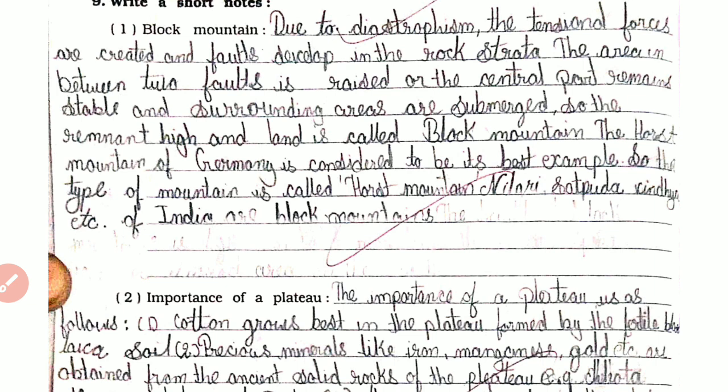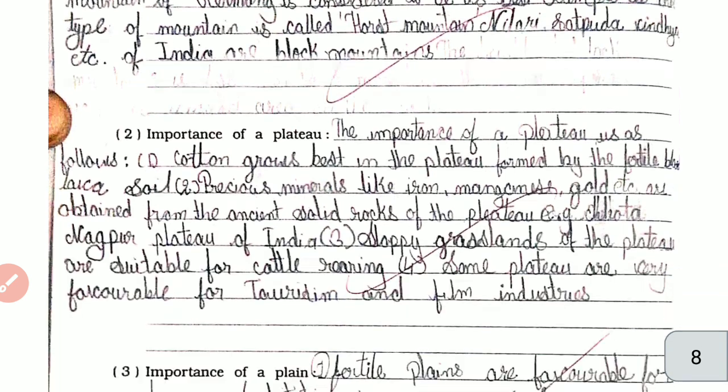The area between two faults is raised, or the central part remains stable and the surrounding area is submerged, so they remain high and the land is a block mountain. The Horst mountain of Germany is considered its best example. So the type of mountain is called horst mountain. Nilgiri, Satpura, Vindhya, etc. of India are block mountains.